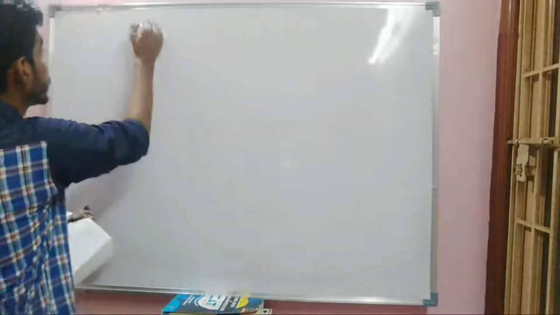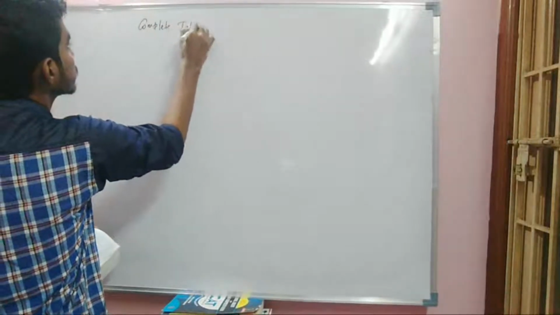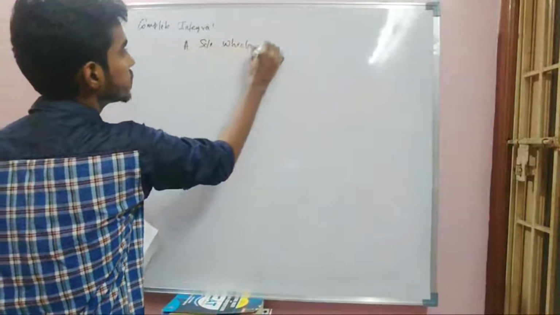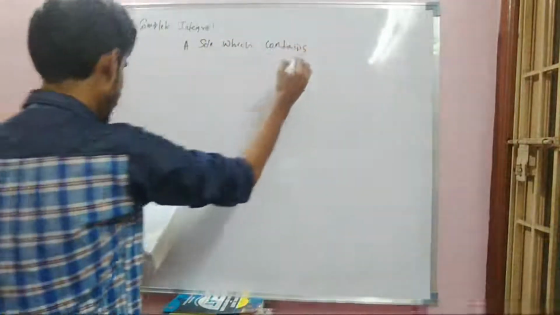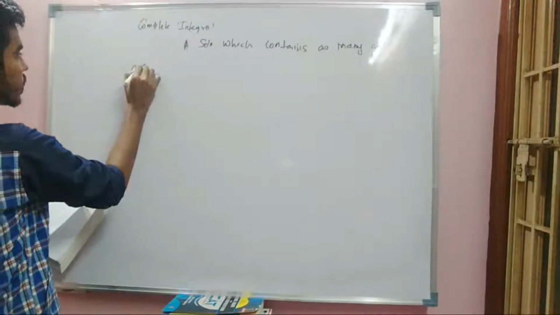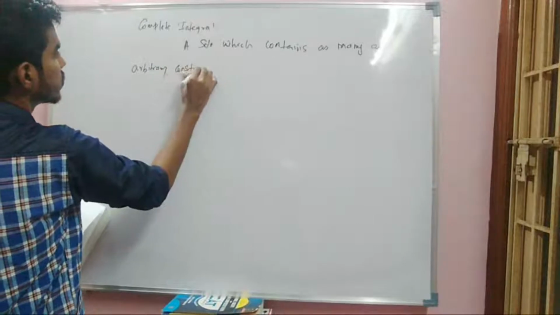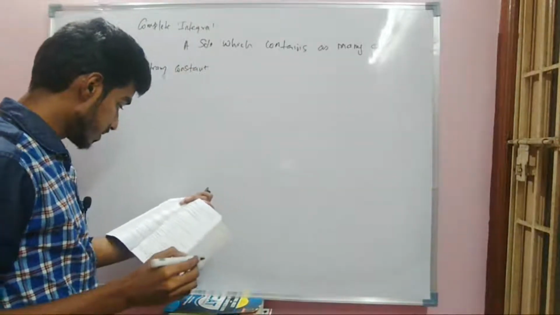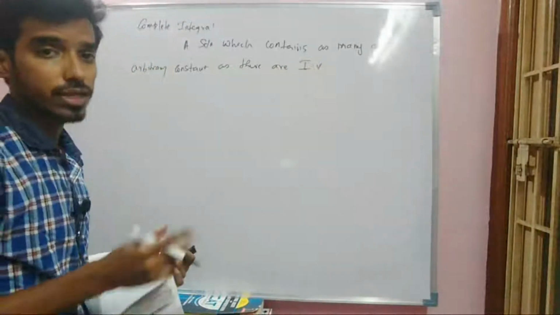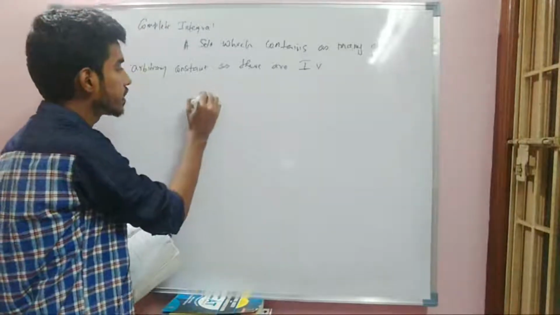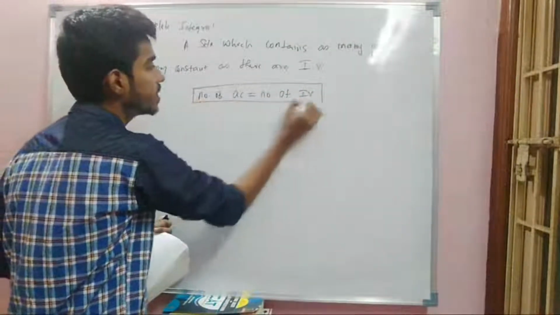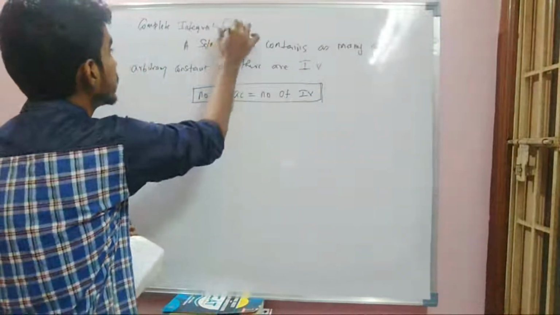Complete integral: a solution which contains as many arbitrary constants as there are independent variables. Suppose in the solution we are finding, the number of arbitrary constants is equal to the number of independent variables, then we say that solution is a complete solution, or complete integral. Both are the same, right? Complete integral or complete solution.